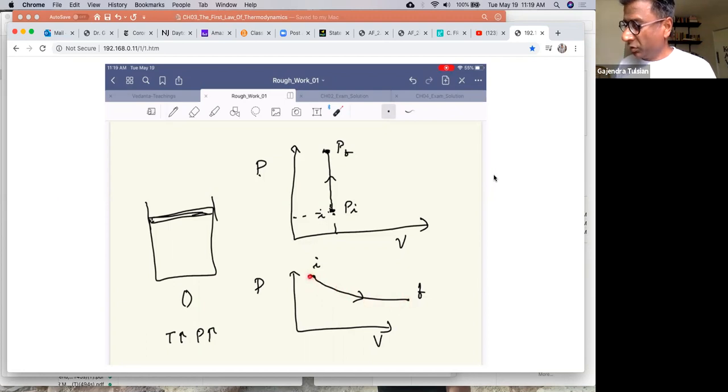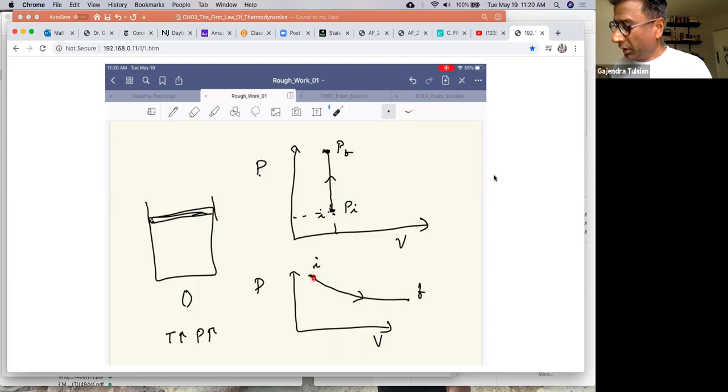A reversible process is if each intermediate point is an equilibrium point, and you can go back and forth. If you cannot do that, then that's an irreversible process.